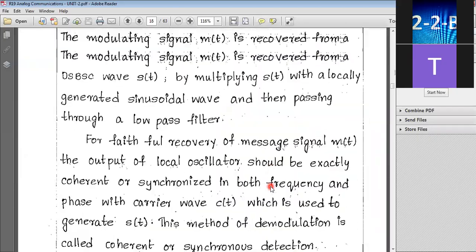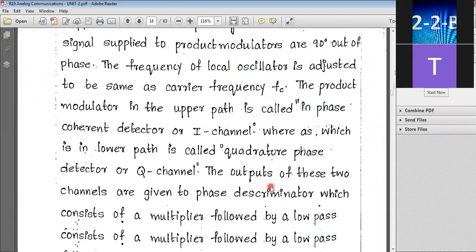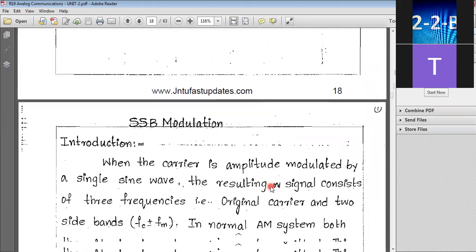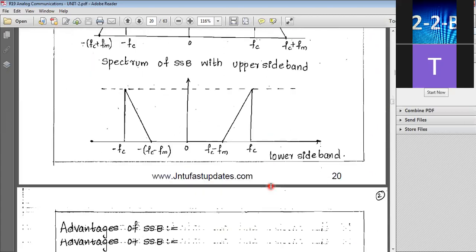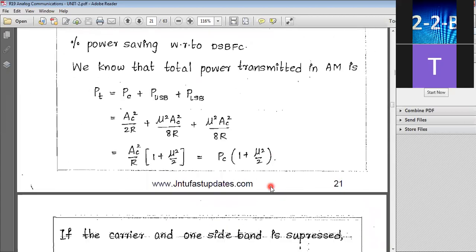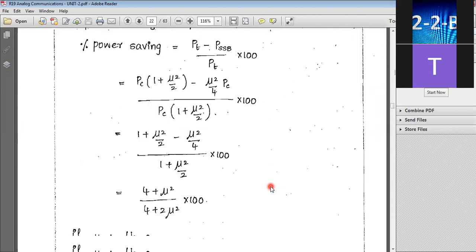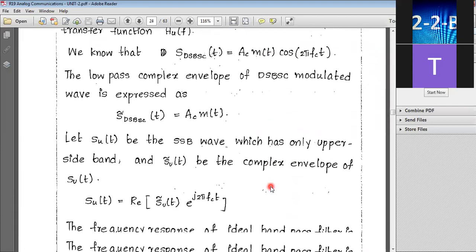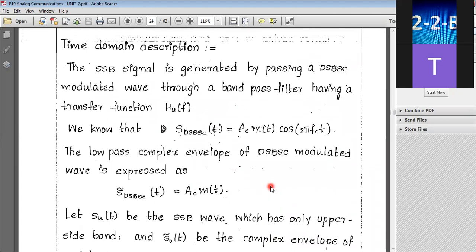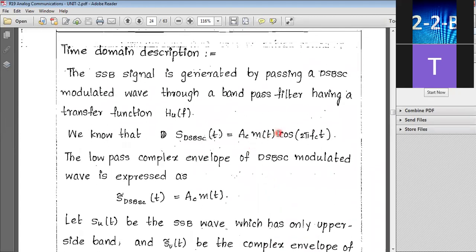From this we can write the DSB-SC signal as Ac m of t cos 2 pi fc t.